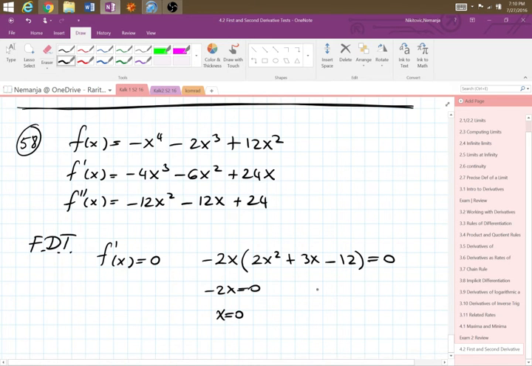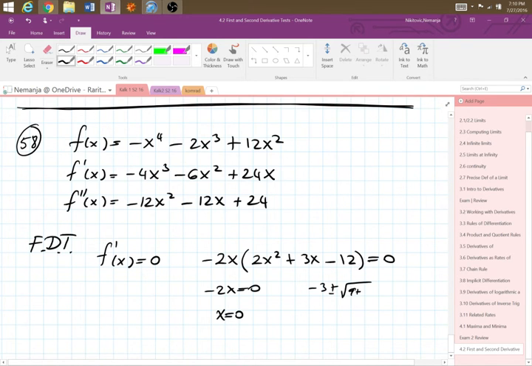Depending on how fast you can compute, negative 3 plus or minus the square root of 9 minus 4ac.